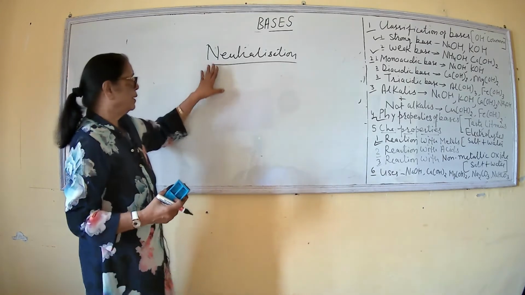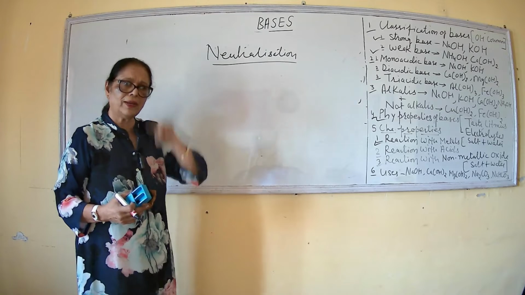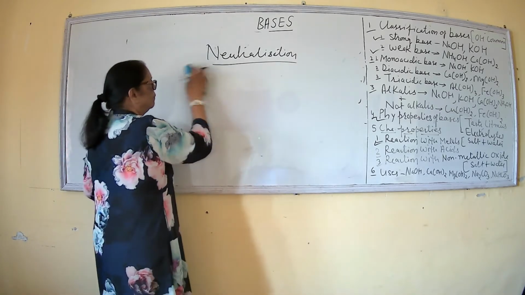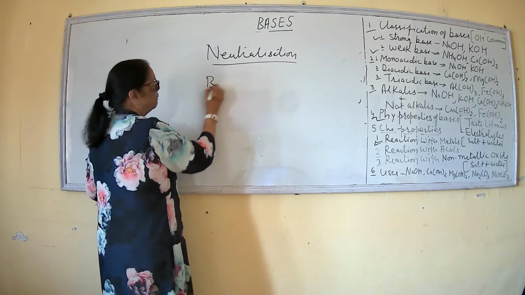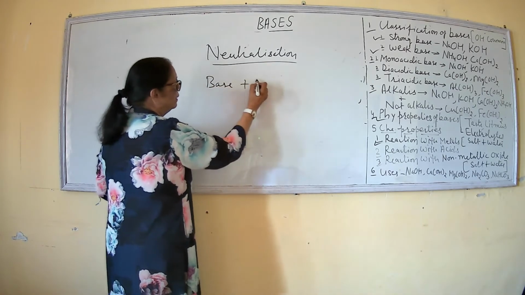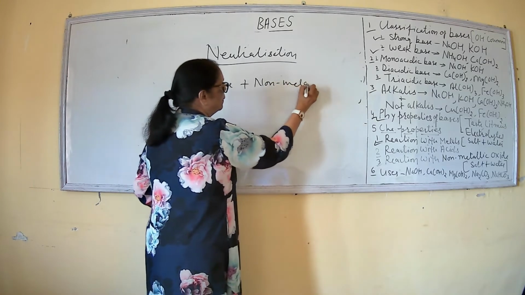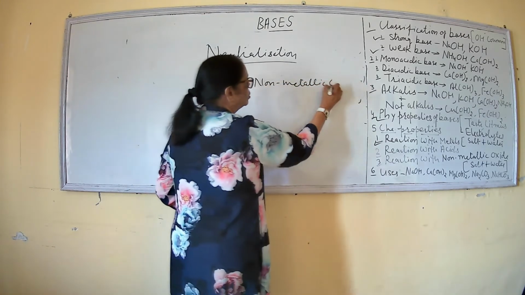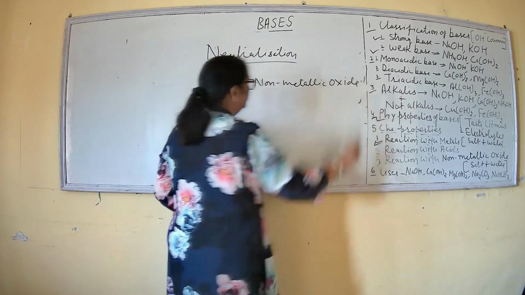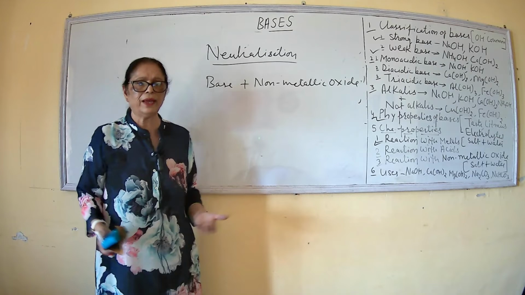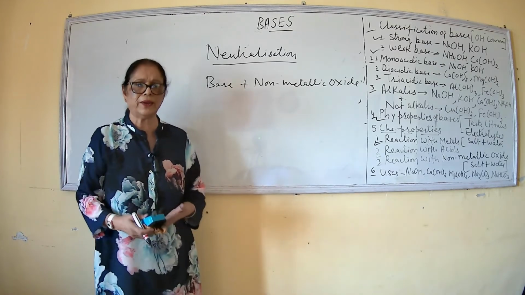Here also, in neutralization reactions, I will give one more example. Bases react with non-metallic oxides. Now among non-metallic oxides we have carbon dioxide, sulfur dioxide, nitrogen dioxide.